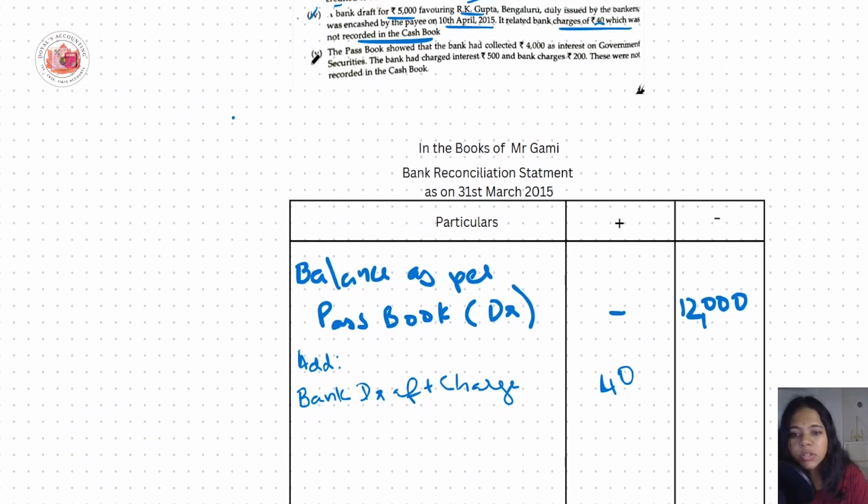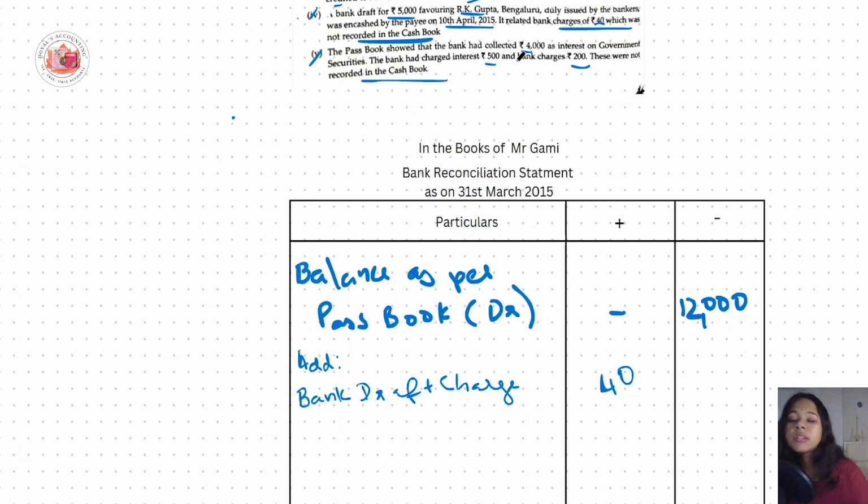Let's see the last transaction. The passbook showed that the bank had collected 4,000 rupees as interest on government securities. And then the bank has charged interest 500 and bank charges of 200 were not recorded in the cash book. So let's do this separately. Now the passbook is having a higher balance than my cash book, so I will have to deduct this 4,000.